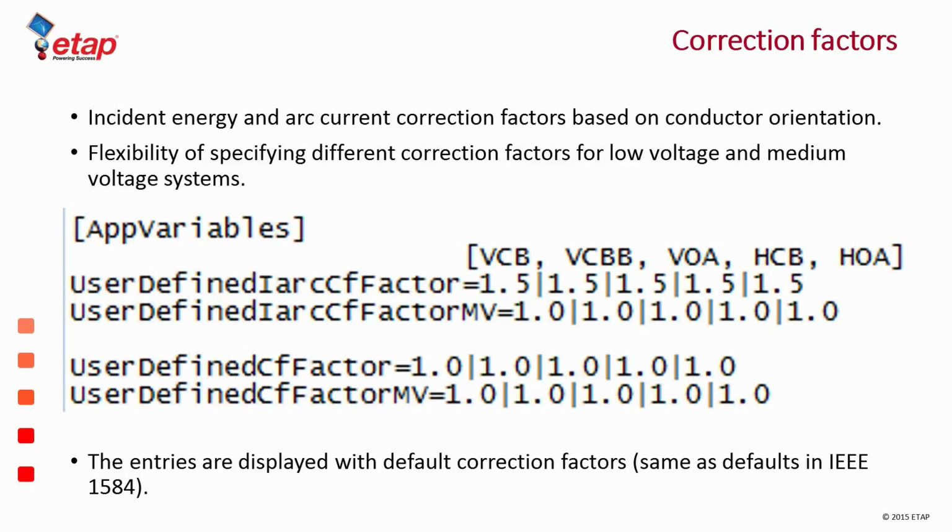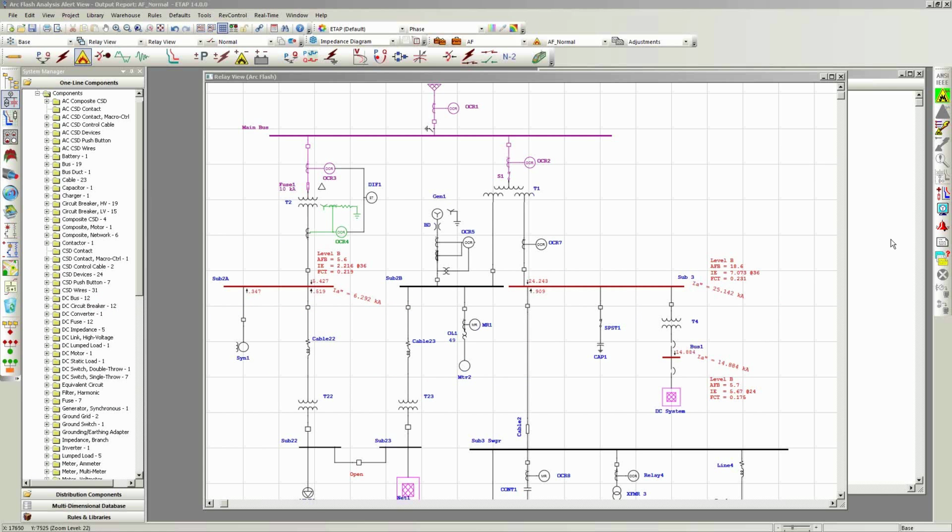The entries are displayed with the default correction factors, the same as they're shown in the IEEE 1584. So I'm going to show everyone where that file is located, how you can access that file, and how you can go in and change what the correction factor is for the orientation.